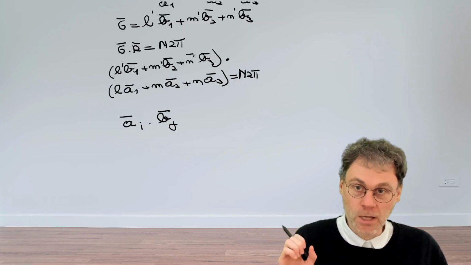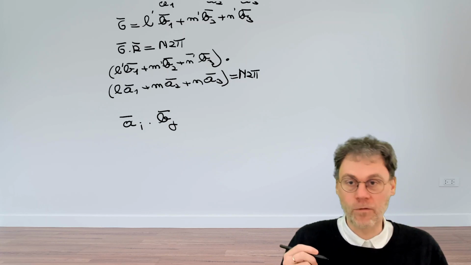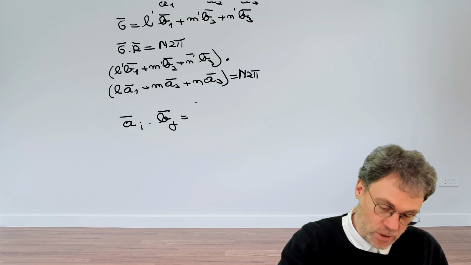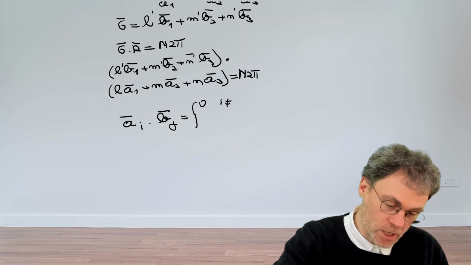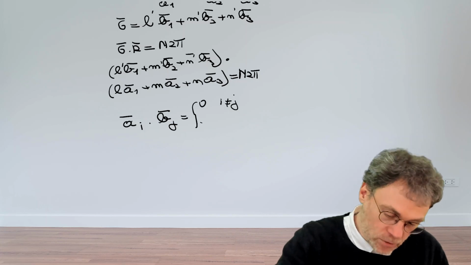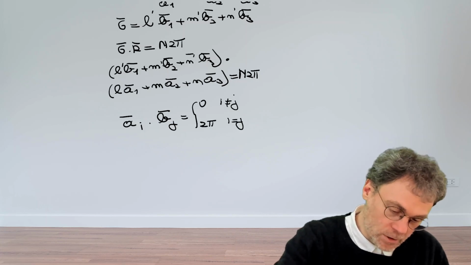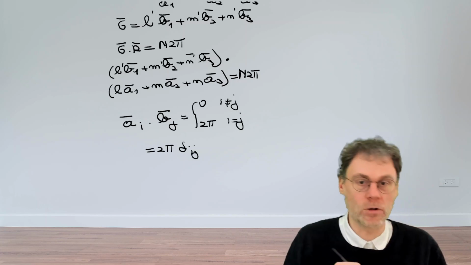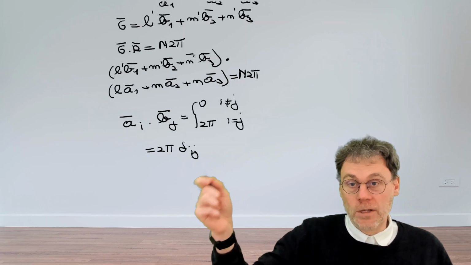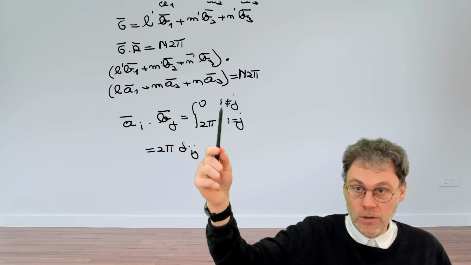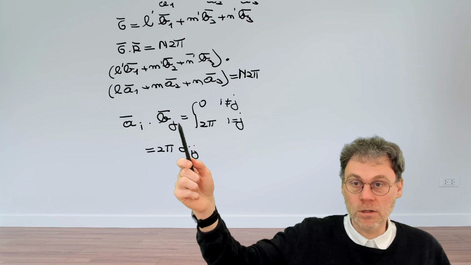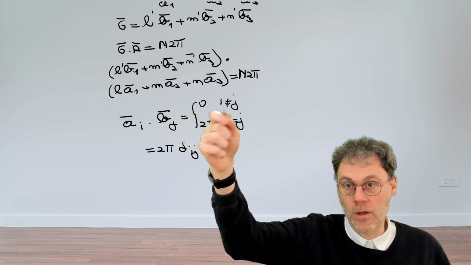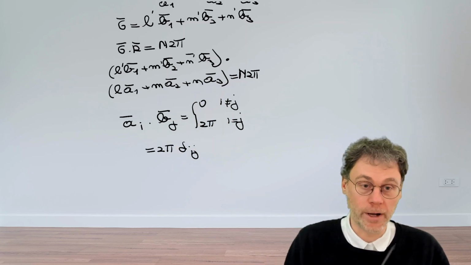One particular case of doing this, which is a little bit more restrictive, is saying that this scalar product is actually 0 if i and j are different, and is equal to 2 pi if they are the same. The shorthand here is writing this with this Kronecker delta. So if we somehow find a way to satisfy this condition, then the condition up here will be automatically satisfied because we end up with all sorts of integer multiples of 2 pi.